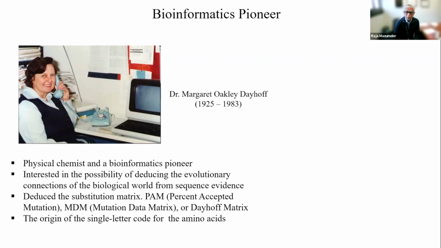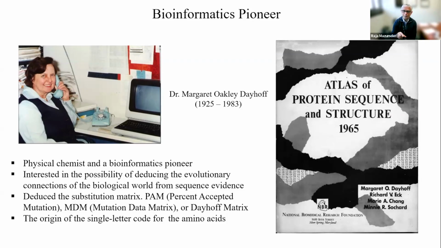When you look at amino acids and the single letter code for amino acids, she's the one who was doing alignments by hand, right? Trying to figure things out initially. Not having a single letter code, you can very well imagine, is really hard when looking at alignments. This was the first database, 1965. It was published as a book. And in one of these books, she talked about the single letter code for amino acids.